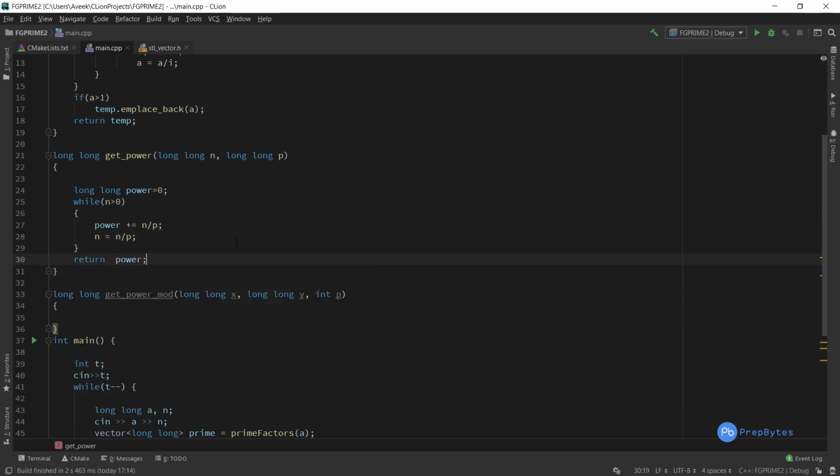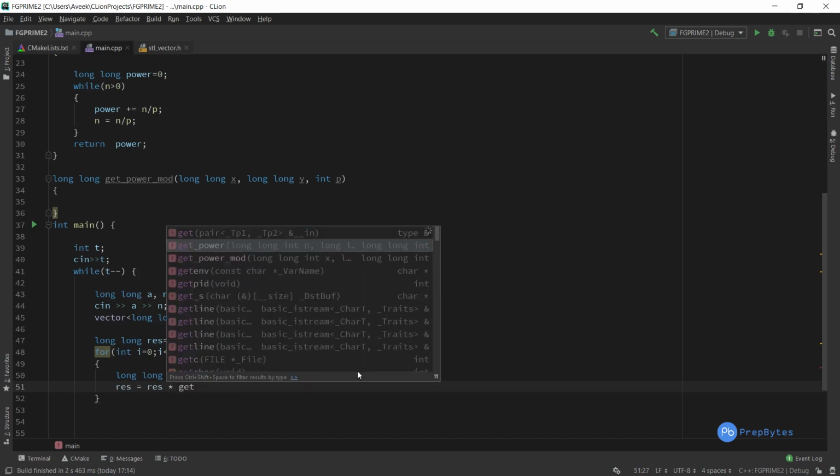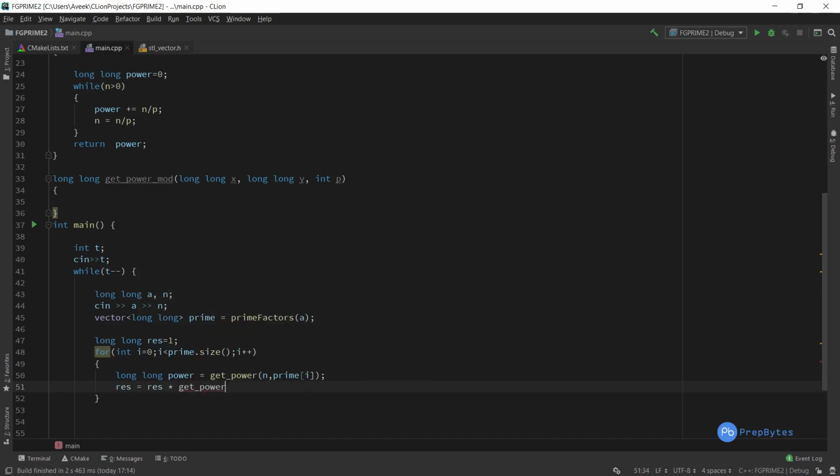Now after getting the power, that is the exponent, what we are going to do is calculate q to the power of this value, mod. So this will be our result, equals result multiplied by getPowerMod, which is our power function, but with mod.